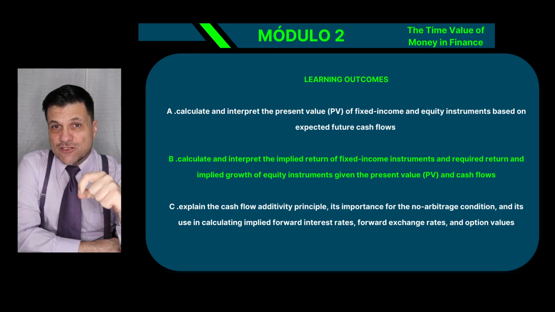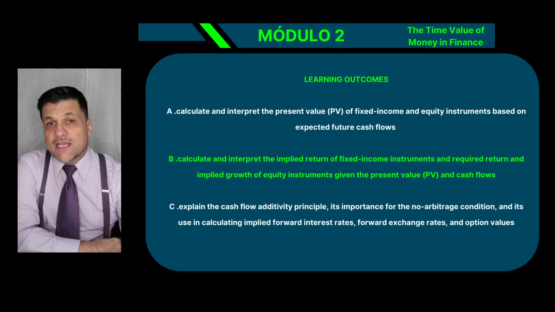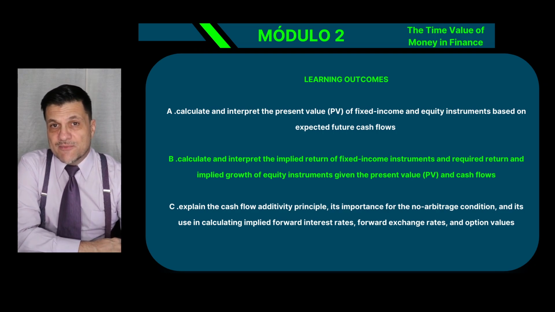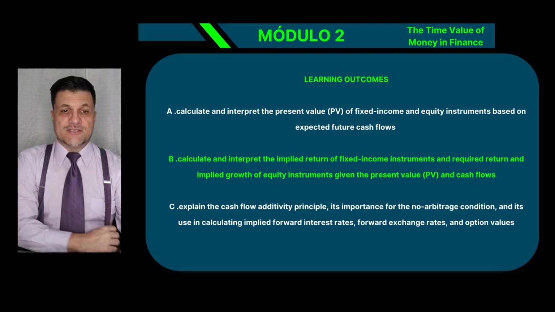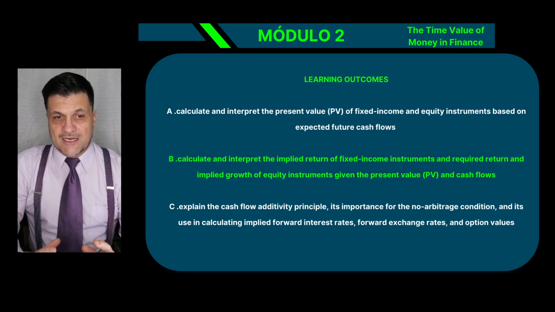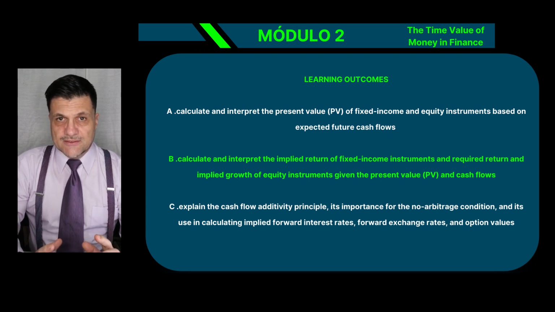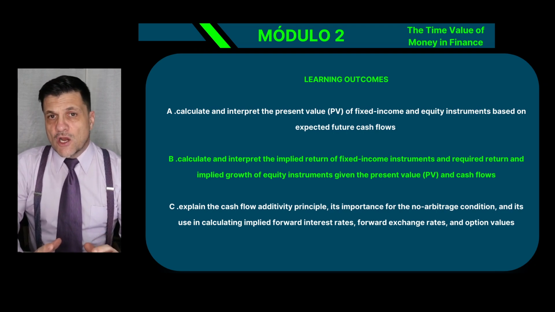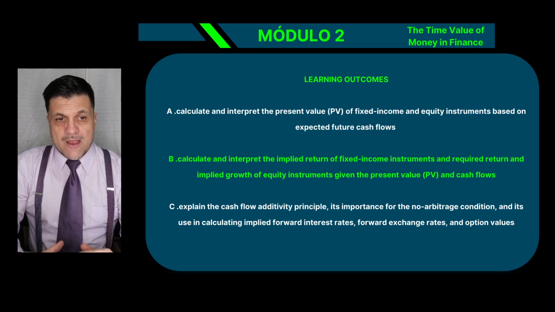It's actually applying TVM to a specific point in finance, which is valuation. Present value is how we know the price of an instrument. I want to know the price of a fixed income instrument, or I want to know the price of a stock, an equity instrument.